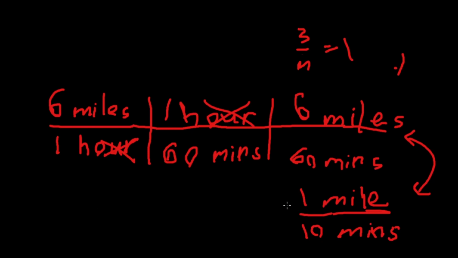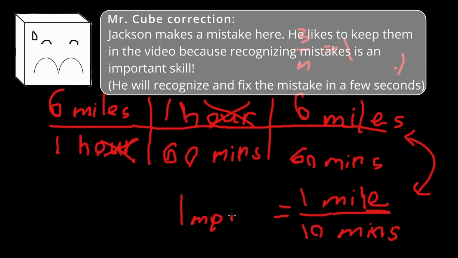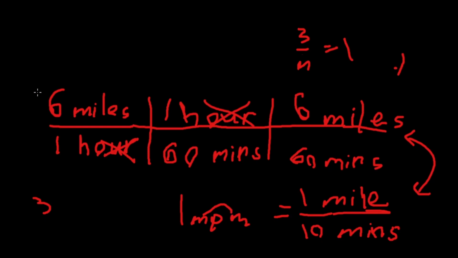Remember, math is a language, and everything written in math communicates something. This communicates he's running 1 mile. I'll put 1 mile per minute. So if he's running 3 miles, and it takes him 1 minute to run every mile, hold up, I'm sorry.